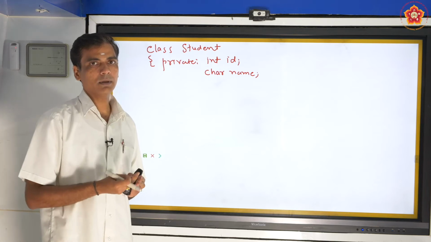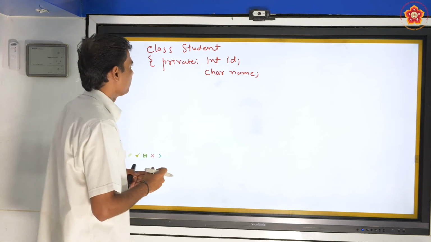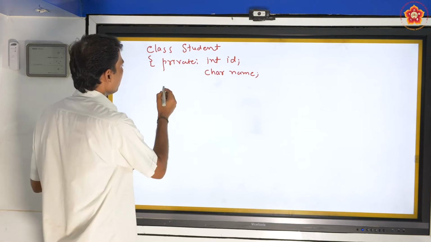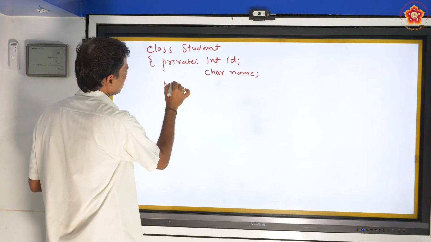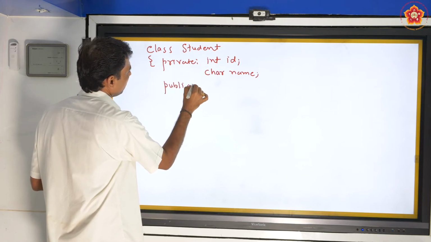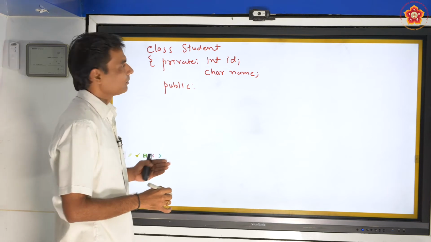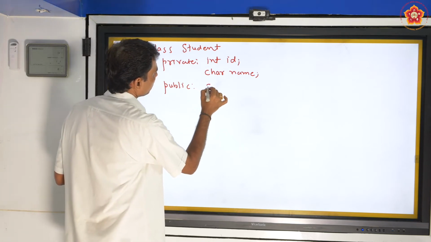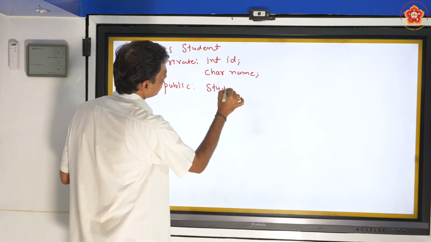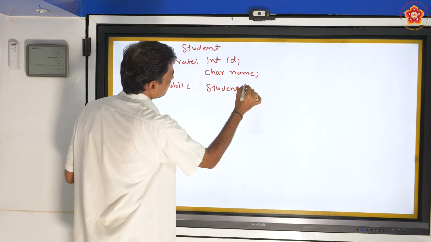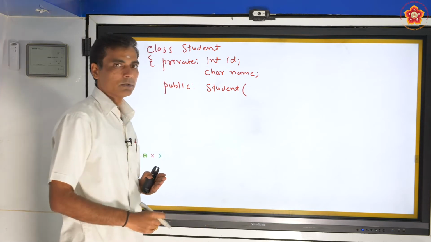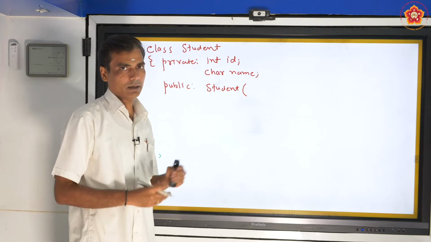I will just input a single character name here, and I will write a constructor, as we know that a constructor must be defined in the public section. The constructor name should be the same as that of the class. So I am going to add a parameterized constructor here.